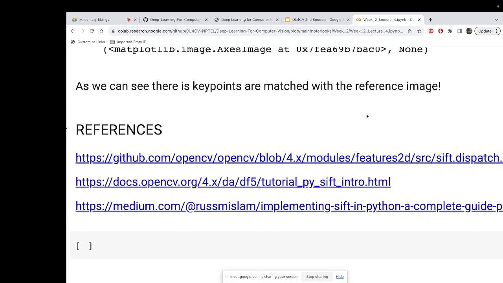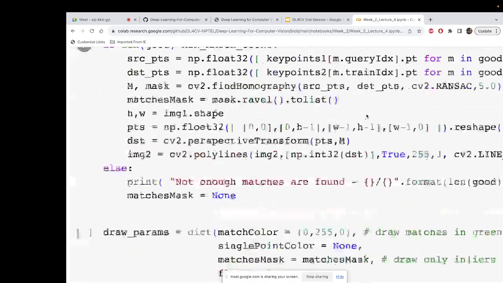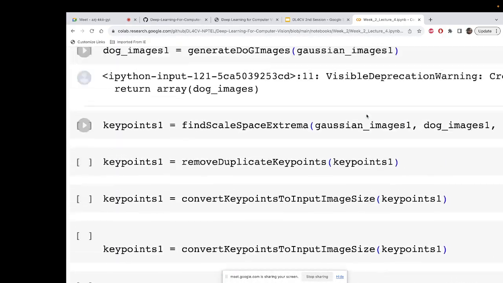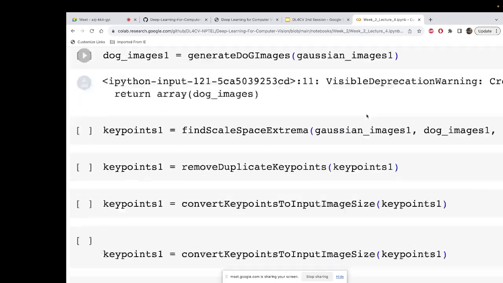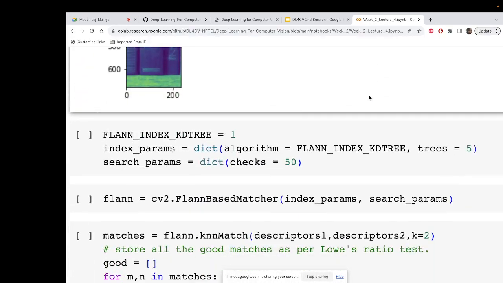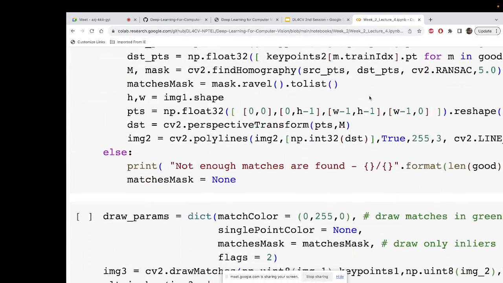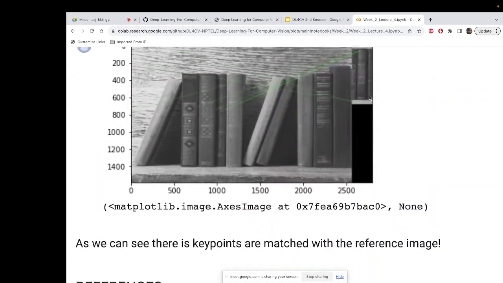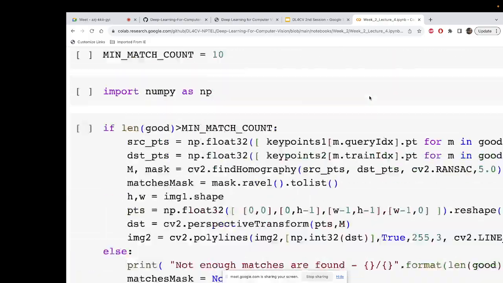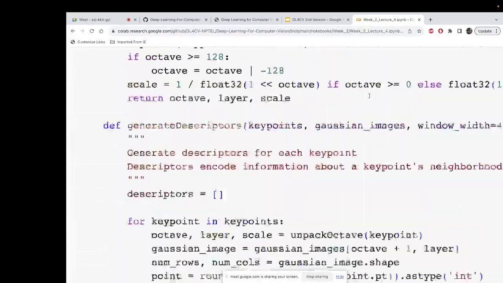I know I went very fast here, but the objective was not to give you a full walkthrough. These are some of the exercises that you need to do on your own to understand what is going on here. You better do that if you want to learn more about SIFT. I will share this code base with you.